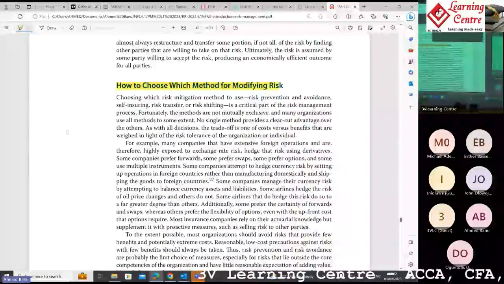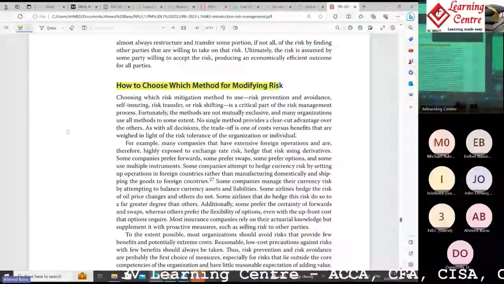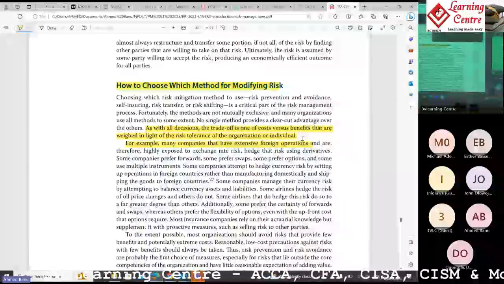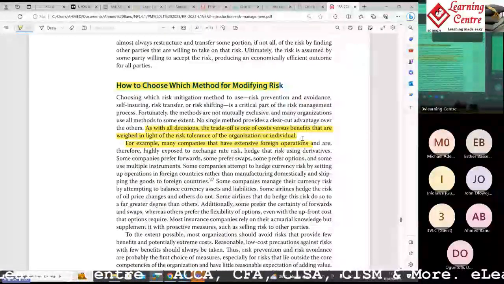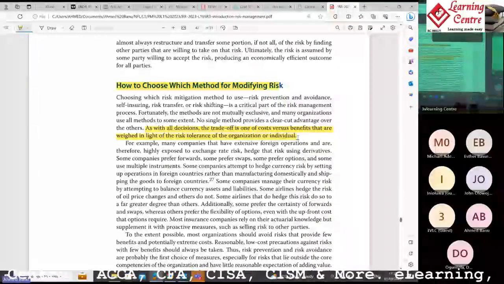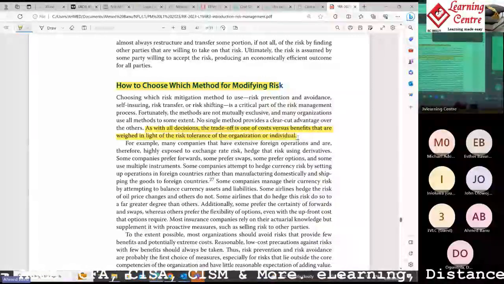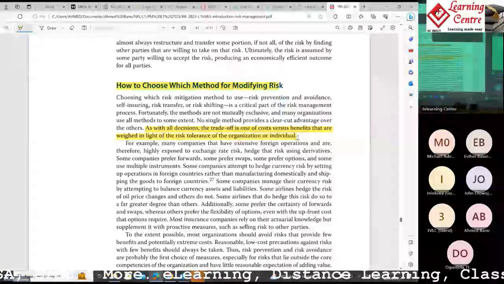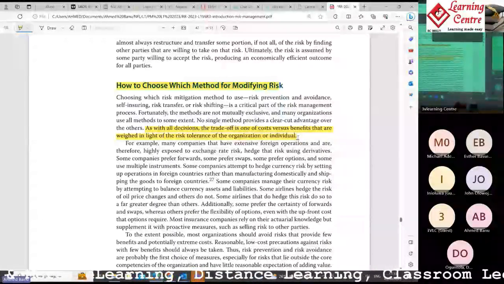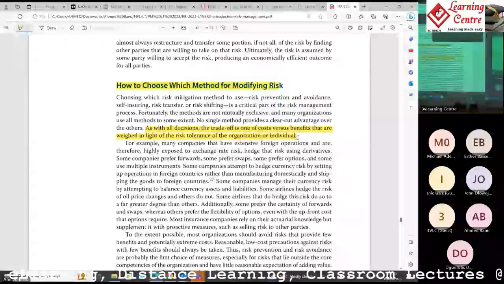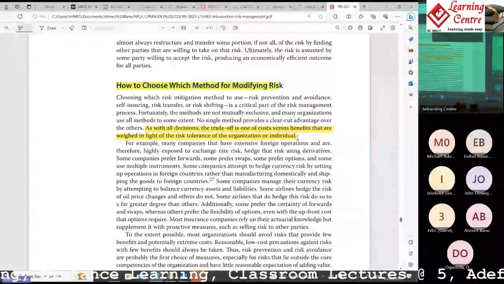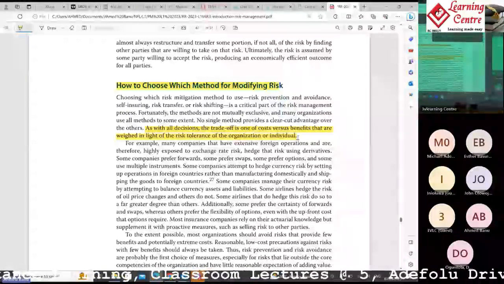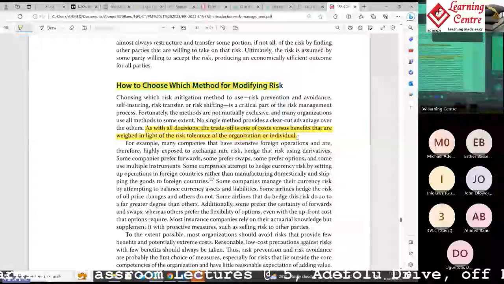So what we're saying is you need to be able to do a cost and benefit analysis in line with your risk tolerance, taking cognizance of your risk tolerance. The different methods all have different costs and different benefits.